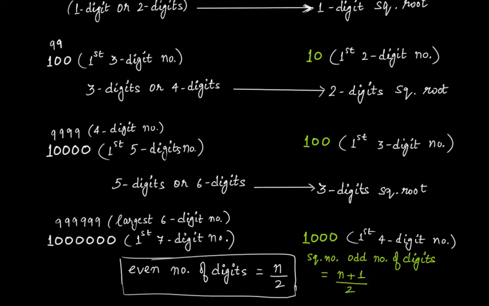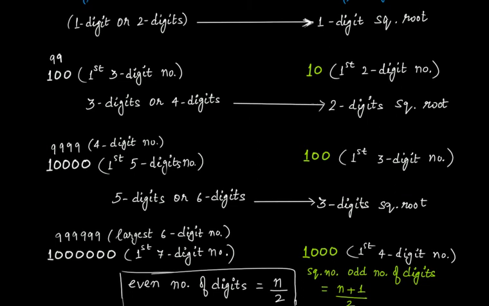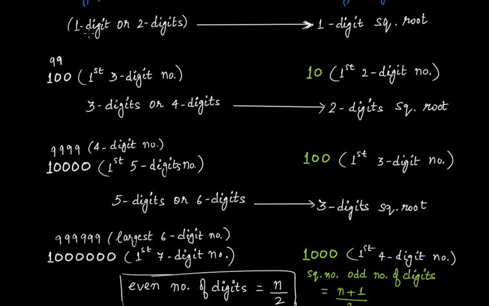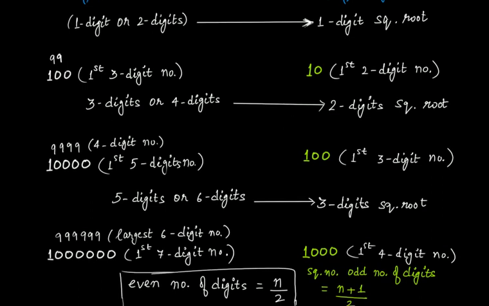And let me show you here. When your square number has one digit, then its square root has one digit. So when your odd number has just one digit, 1 plus 1 divided by 2, that is 2 by 2, is 1. So you have one digit here.